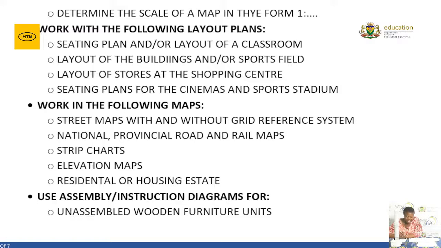With that strip chart, there are so many calculations that can be done. Because remember, when we travel, we make use of public transport, or we make use of our own cars, private transport. With private transport, you need to know how many kilometers you have to travel and how long the journey takes.